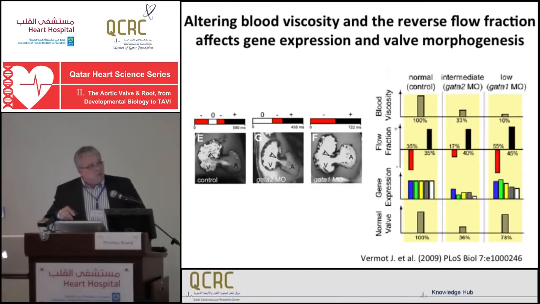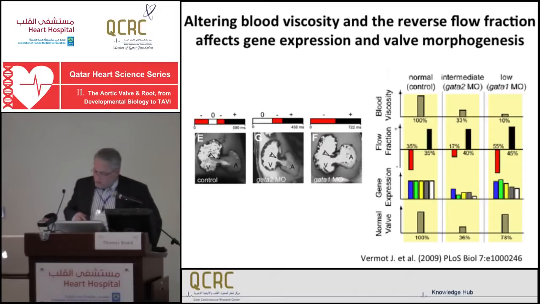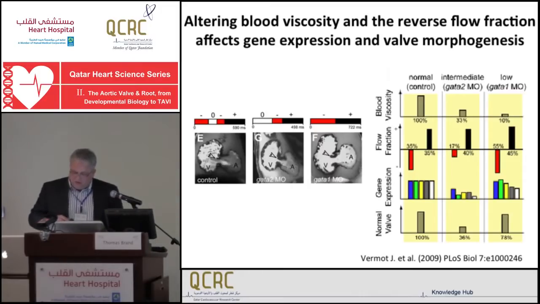When you mess up the backflow, you get a loss of valve tissue. Normally you have those valve leaflets formed after 120 days, and you can see here that with reducing the backflow, you clearly have a less well-formed AV valve.